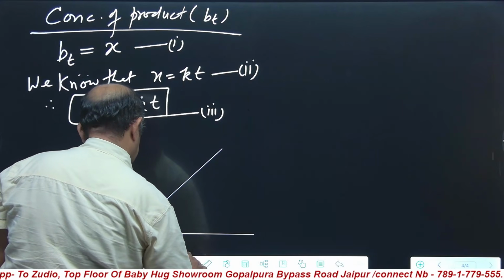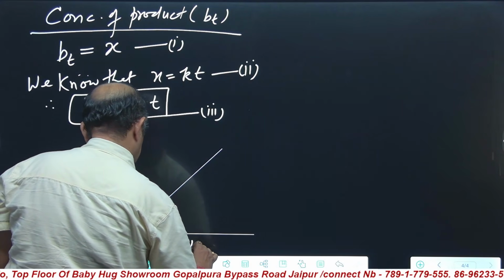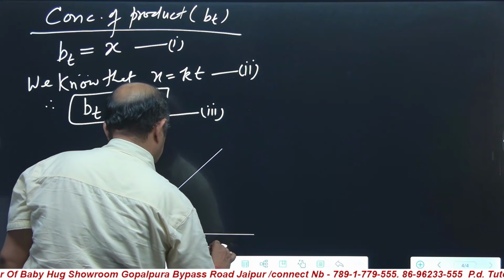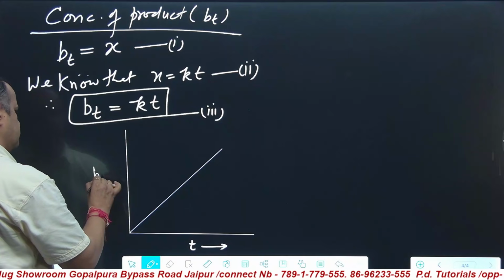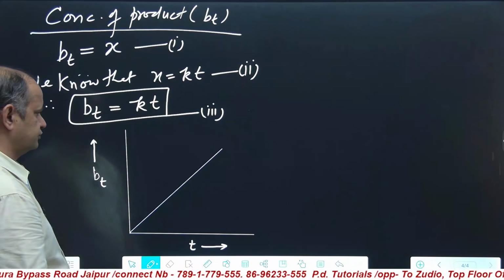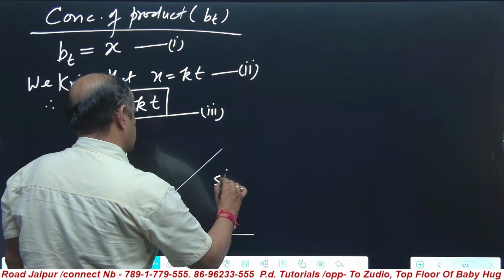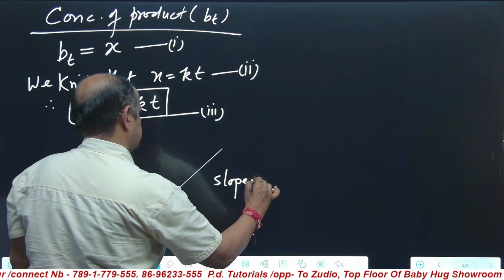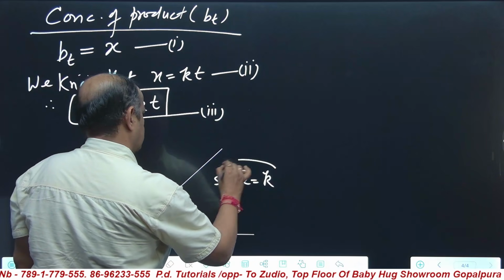This is time t, and concentration of product. What is its slope, gentlemen? Good.